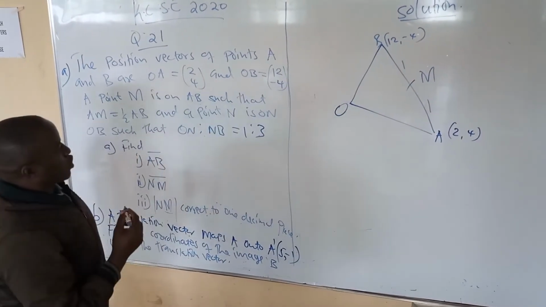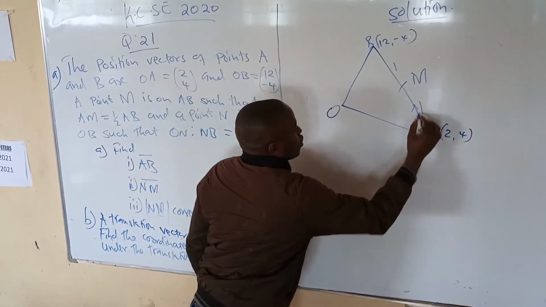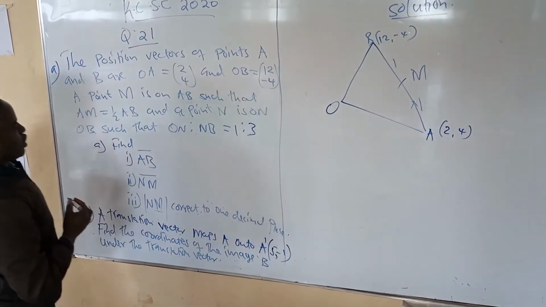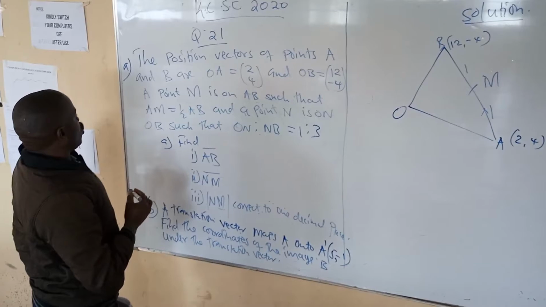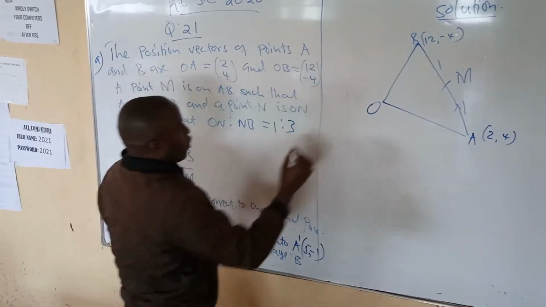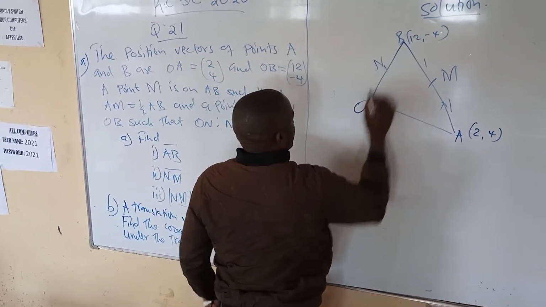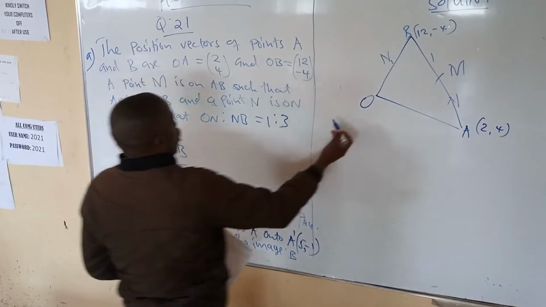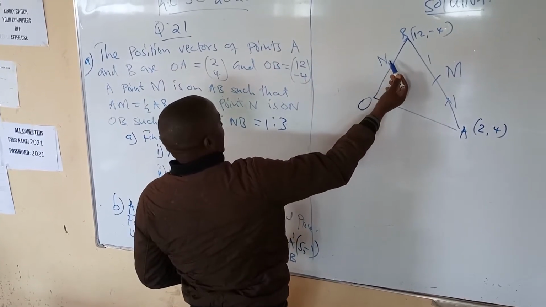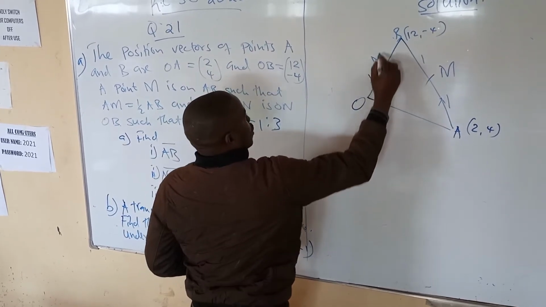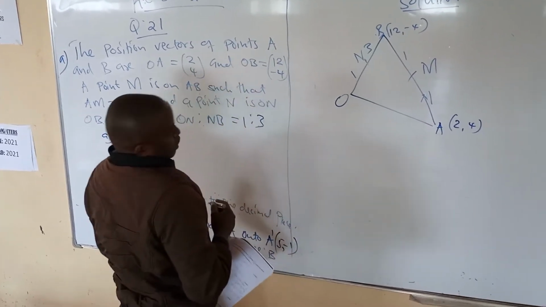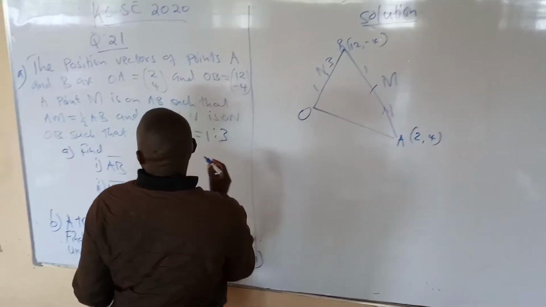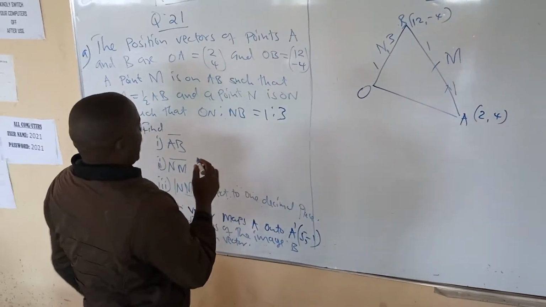We are also told that a point N is on OB, such that ON to NB is 1 is to 3. From there we are asked to find AB and NM.